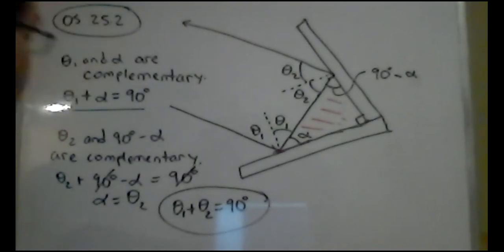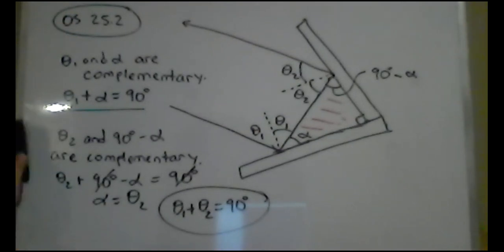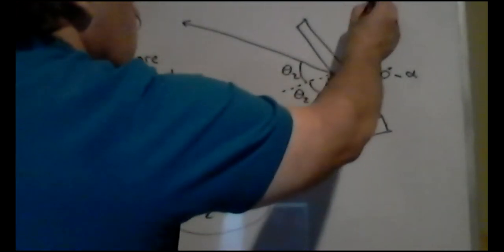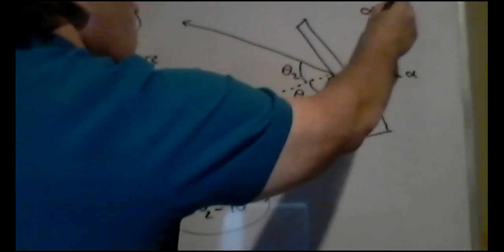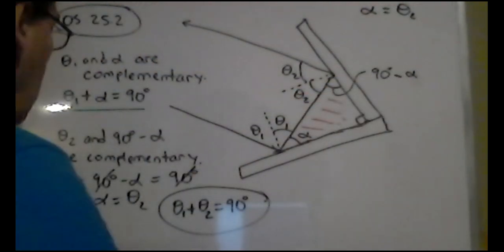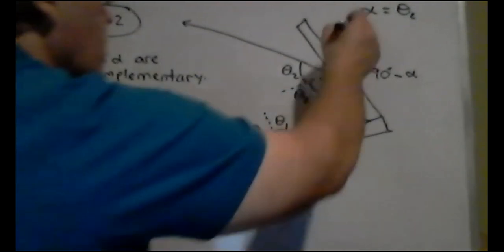So what do we know so far? Well, we know that alpha is theta 2. Let me write down what I know so far. Alpha is theta 2. I also know that 90 degrees minus alpha is theta 1.